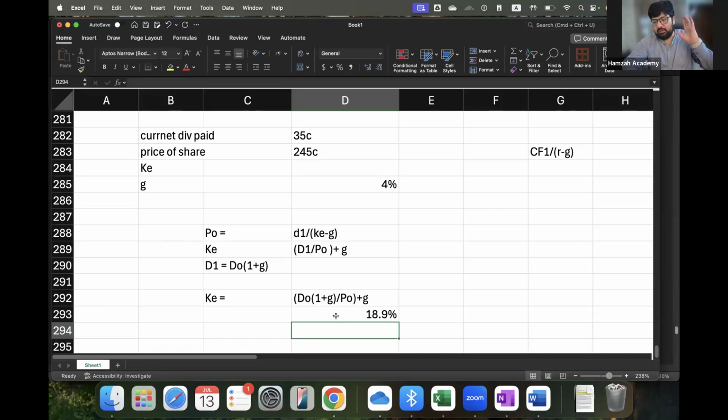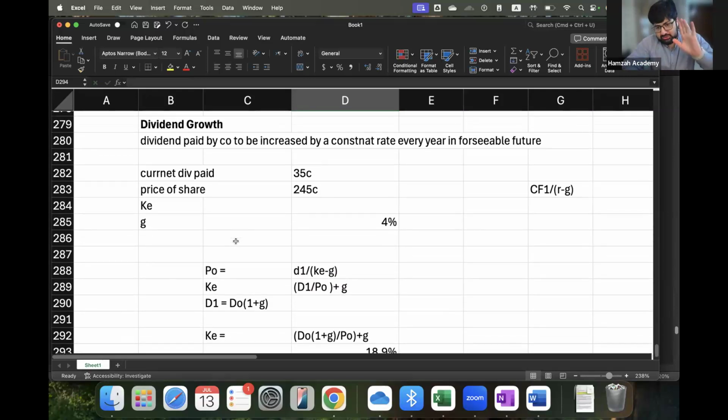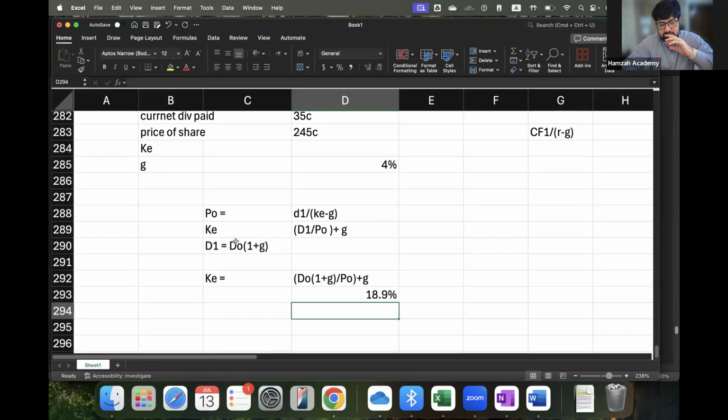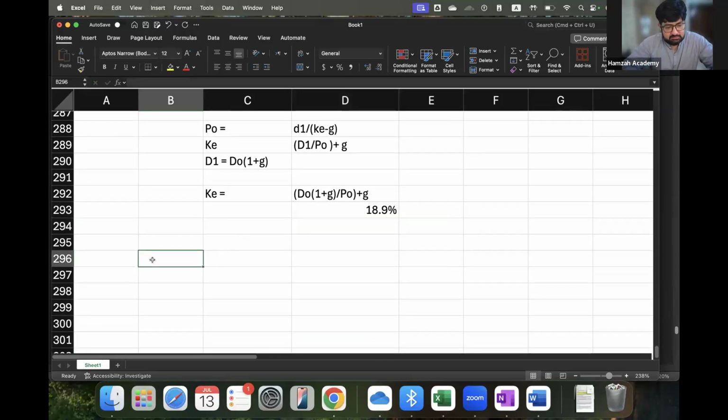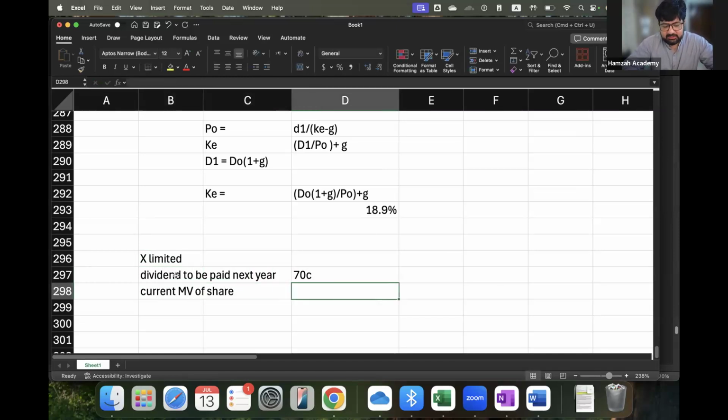Now, students, the next point is another example on dividend growth. A company X Limited, dividend to be paid next year, 70 cents. Current market value of share, ex-dividend, is 570 cents.